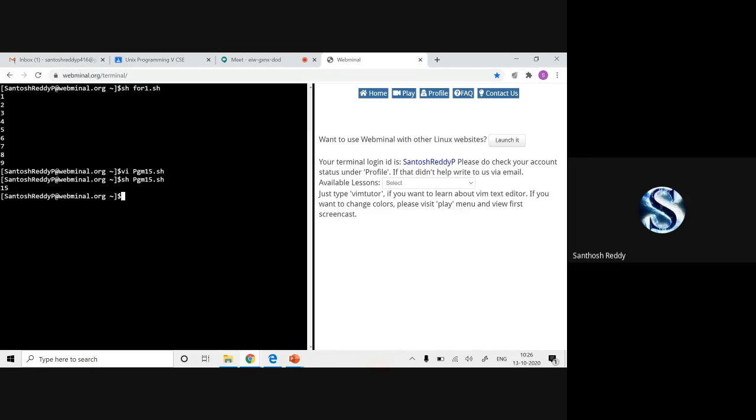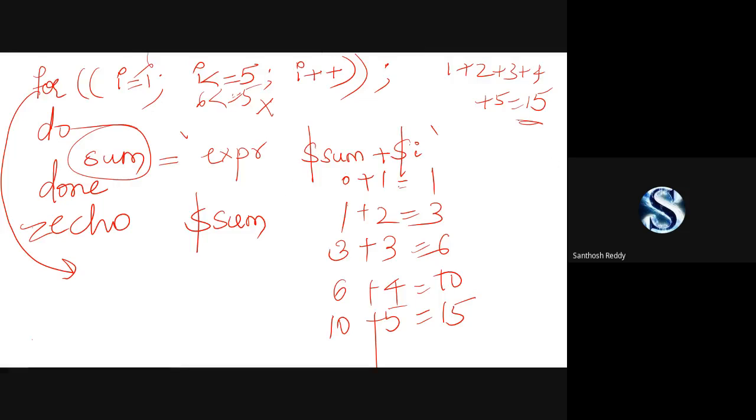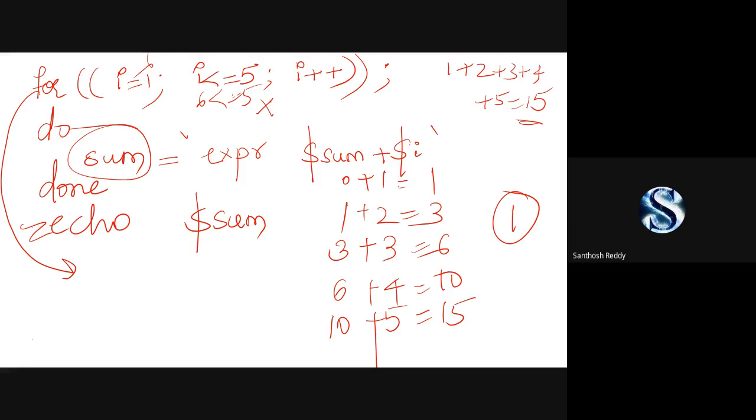Okay, fine. Now, there is another way of writing the for loop. This is the first way of writing. Now we are going to see the second way of writing your for loop.